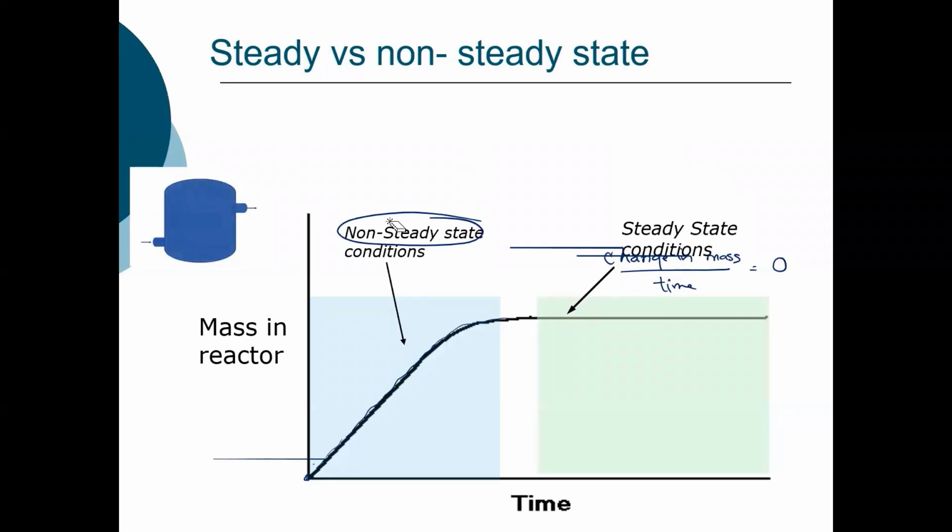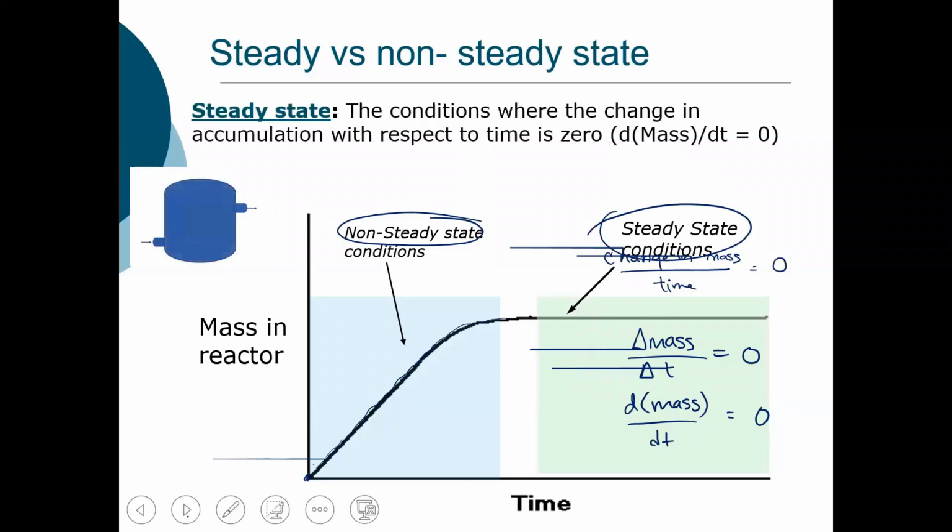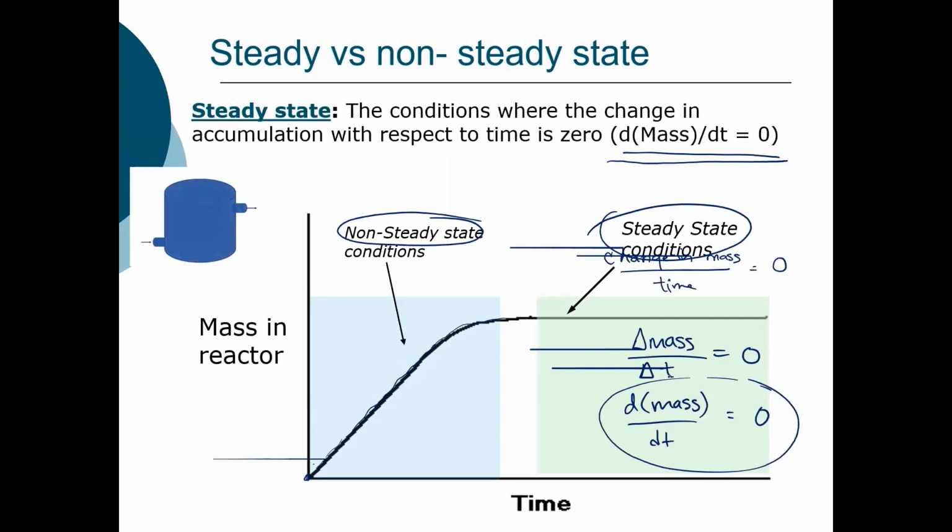And here, where the change in mass with respect to time is 0, or d mass dt is equal to 0, we have steady state conditions. So when we talk about steady state conditions, this is what we're talking about. The change in mass with respect to time is equal to 0.